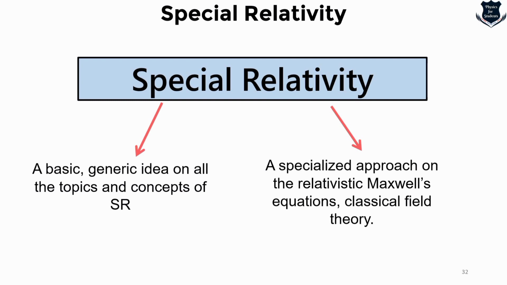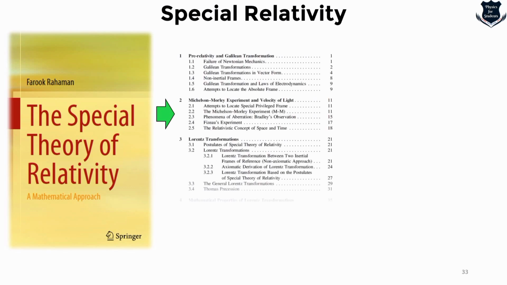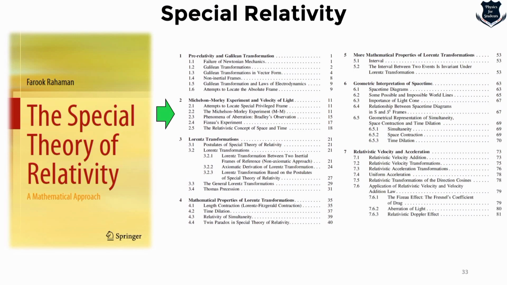So first we will see which book gives the overall idea of special relativity. This one I have recommended earlier, by Farooq Rahman. This is a wonderful book on special relativity. It deals with pre-relativity, Michelson-Morley, Galilean transformation, Lorentz and everything. Then it goes into the geometric interpretation of space-time, relativistic velocities, etc. I'm not giving too many details because the video is already quite long.